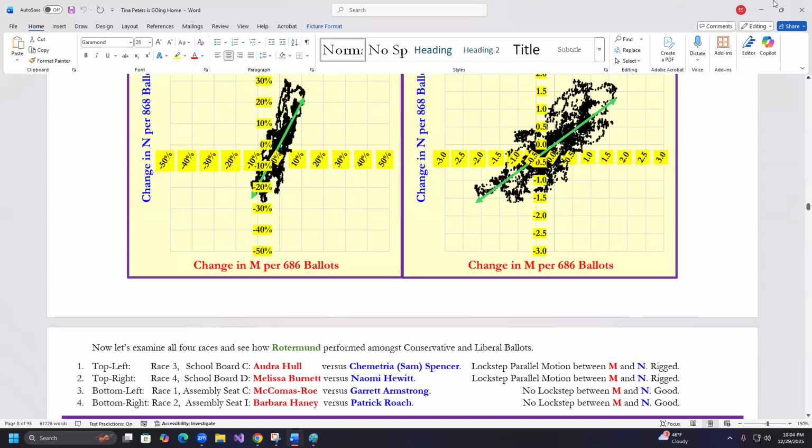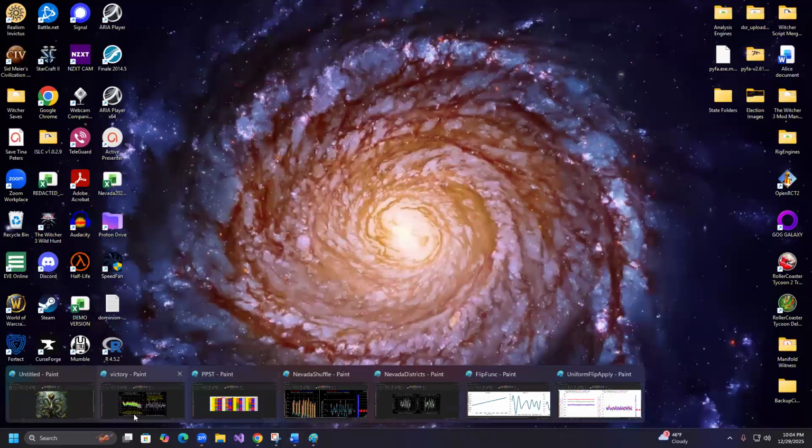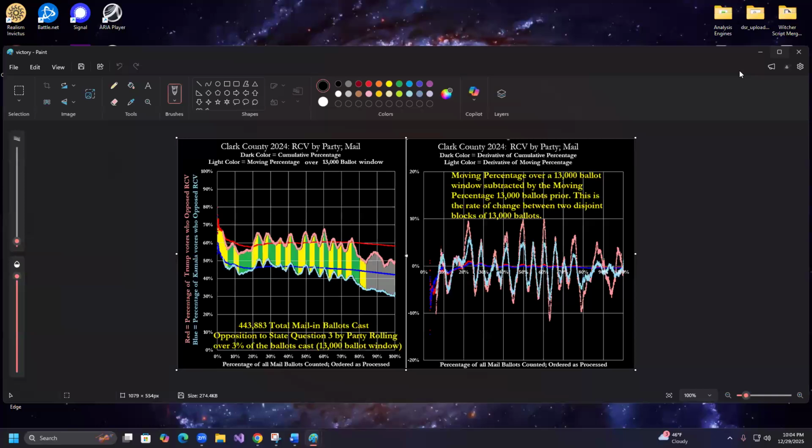Now, you have the same vendor, Dominion, and every time I look at a Dominion cast vote record, I always find this amazing pattern one way or another. And it's prima facie proof of election fraud. There's no argument, there's no rebuttal, there's no dancing around it. So we're going to start here.